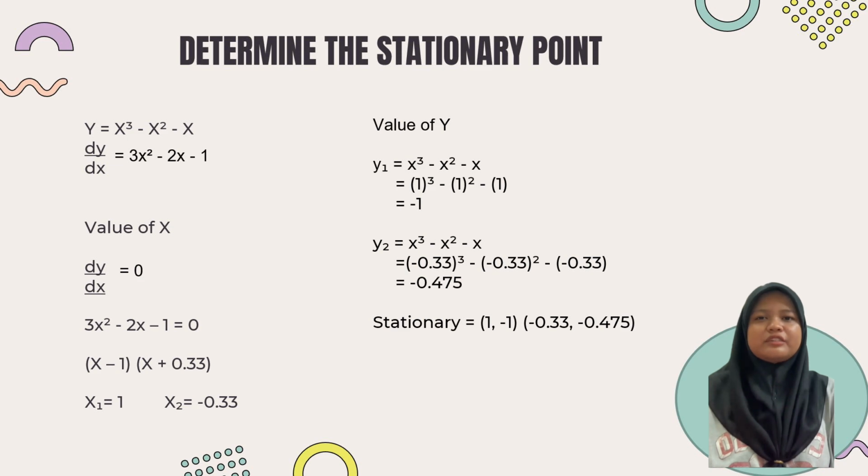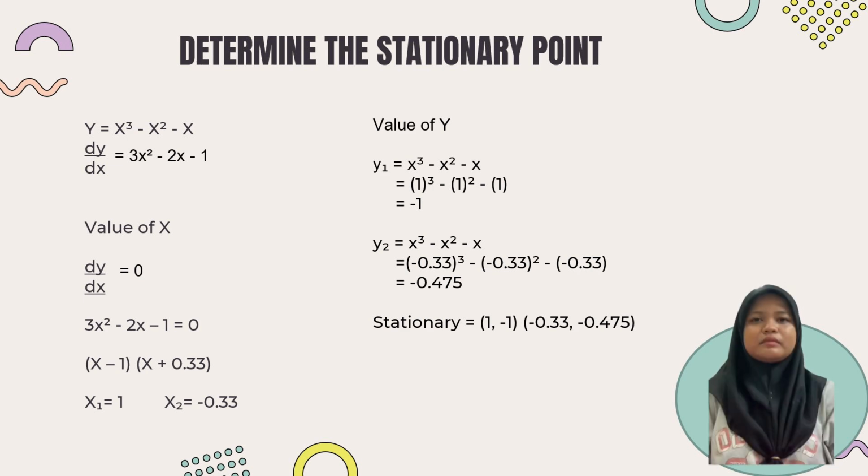Now we have to find the value of y. For y1, you have to substitute the value of x1 into x. So y1 is 1 power of 3 minus 1 power of 2 minus 1, so the answer is negative 1. For y2, you substitute the value of x2 into x.